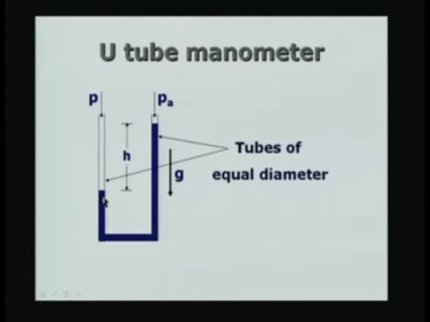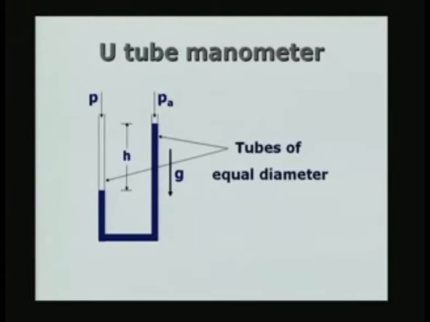So, this liquid has a certain density, and under the action of gravity it has got some weight, and let us look at what happens when the pressure P is greater than the atmospheric pressure. The pressure is acting on this side of the U tube, on this side the pressure acting is Pa, there is a difference in pressure, and this difference in pressure is balanced by a certain column of the manometer liquid.